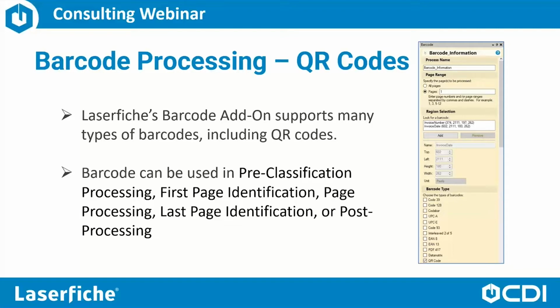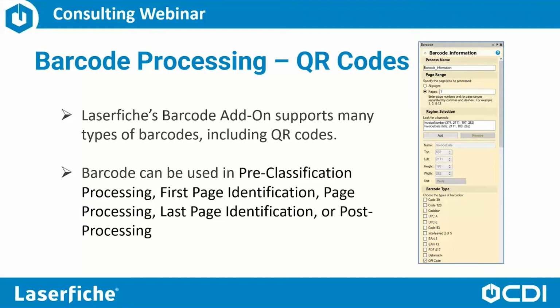Use only one barcode orientation, so we can read barcodes that are horizontal or vertical. Specifying only one orientation is going to improve the performance and the speed of processing in Quick Fields. And by placing the barcode in the same area of each page and specifying the region around where the barcode can be found, it is going to help Quick Fields identify where that barcode is more quickly.